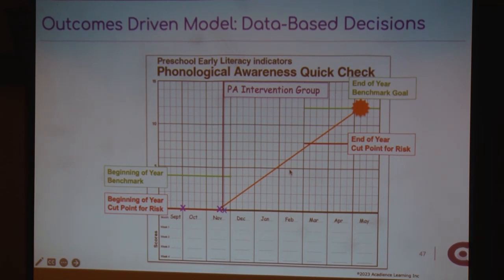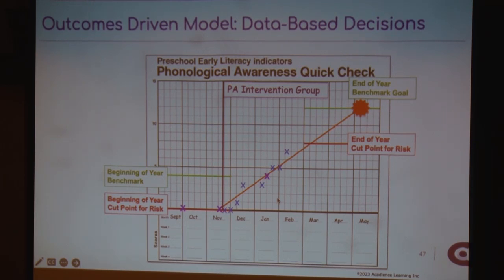This child is in a PA intervention group. Maybe there was only 2 kids in that group, and we start to monitor progress. And you can see some going up, some going down, but generally hanging around on that line, right? That's telling us that, yeah, this intervention is working. Now, if it didn't look like that, if this data was out here, guess what? We'd want to look at what's going on.